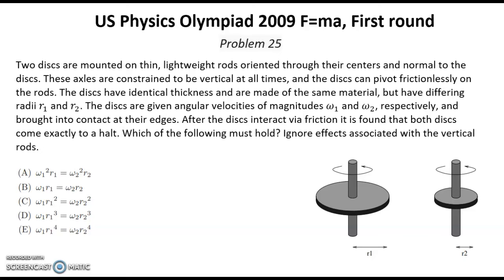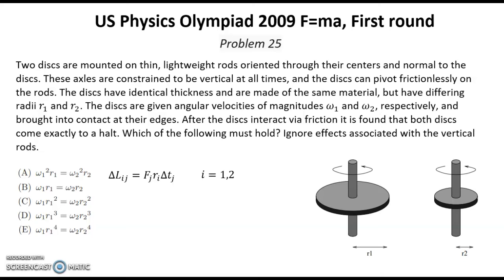Solution. First, we can write the equation for how angular momentum changes during time. Suppose that a force of friction F_j acts on both disks for a time delta t_j. It acts on each disk, so these two forces are equal to each other.